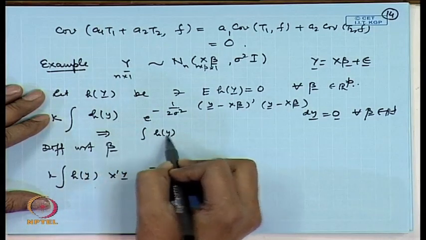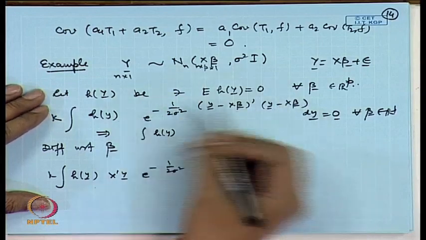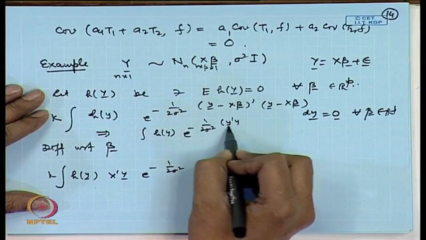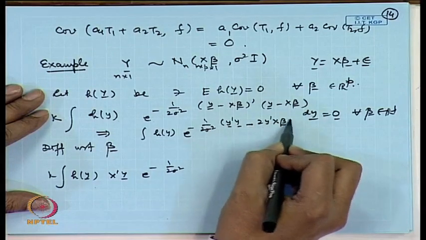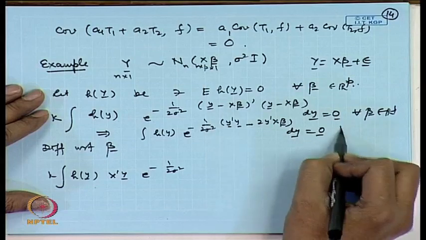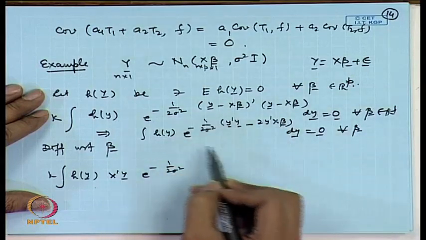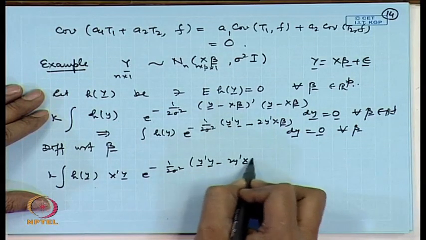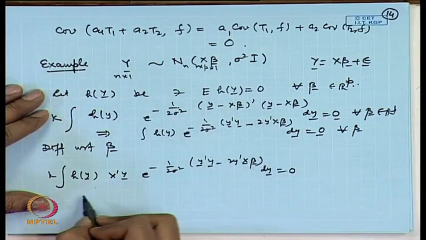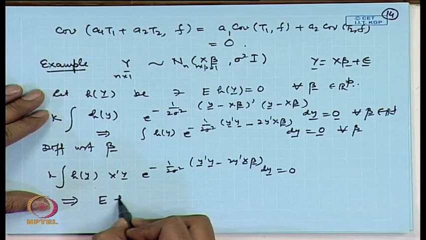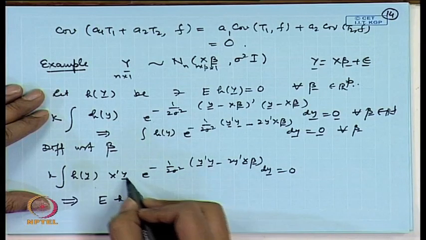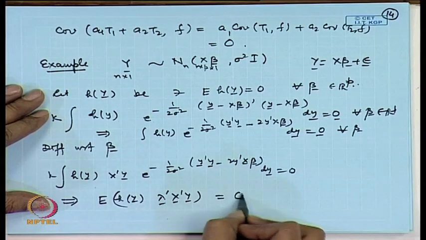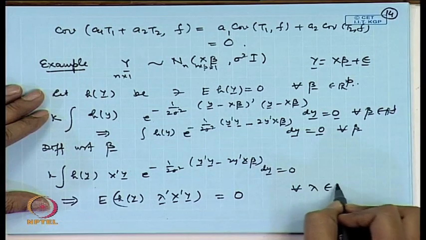I can separate out the term which is not involving y and take it to the other side. So if you differentiate this, you will get X prime y here and the same term here. So this is equivalent to saying expectation of h(y) into lambda prime X prime y is equal to 0 for all lambda belonging to R^p.